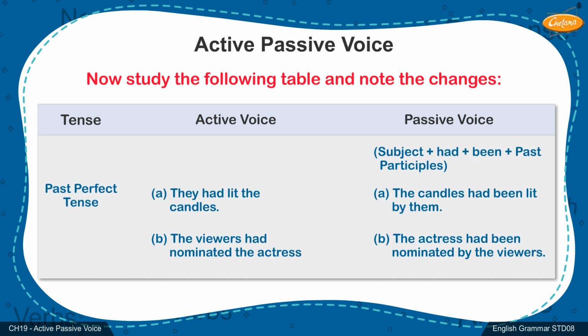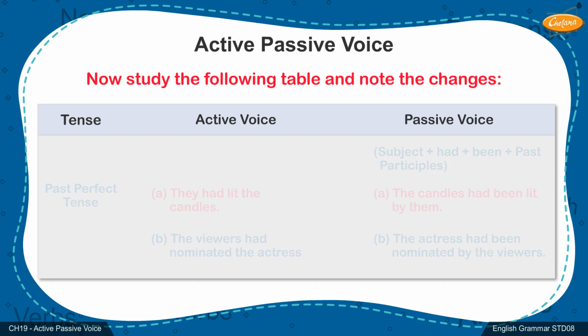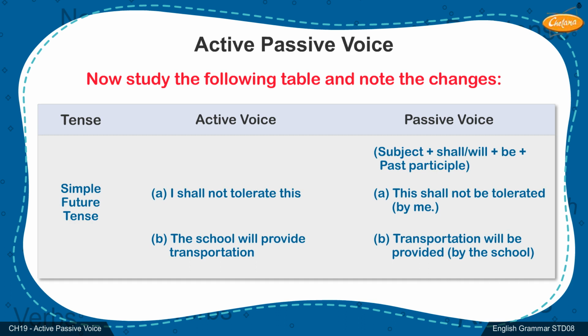Past perfect tense. Active voice: They had lit the candles. Passive voice: The candles had been lit by them. Simple future tense. Active voice: I shall not tolerate this. Passive voice: This shall not be tolerated by me.